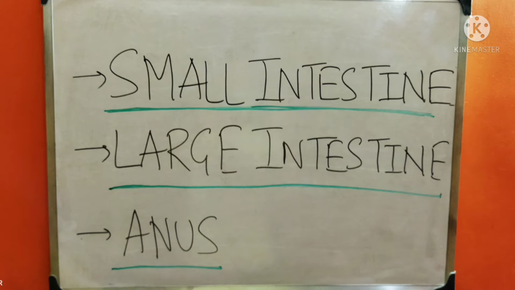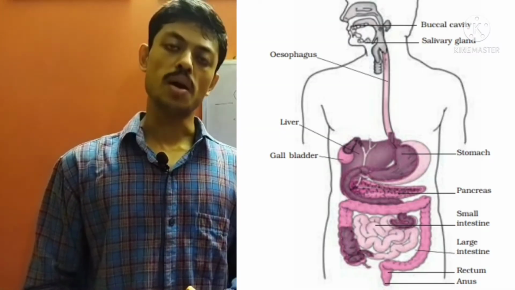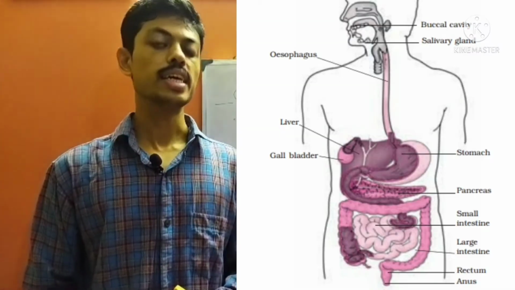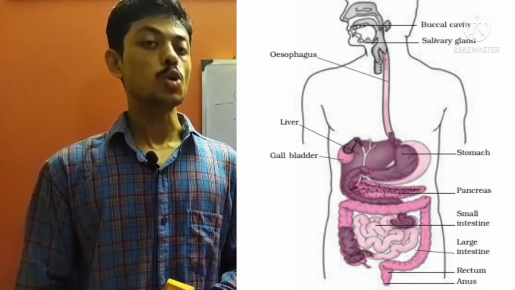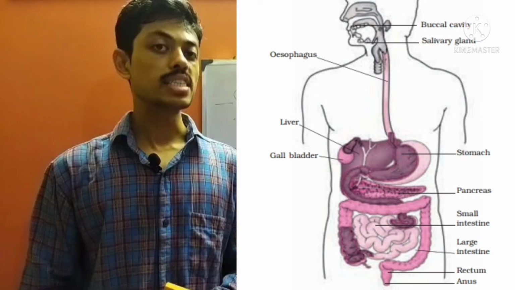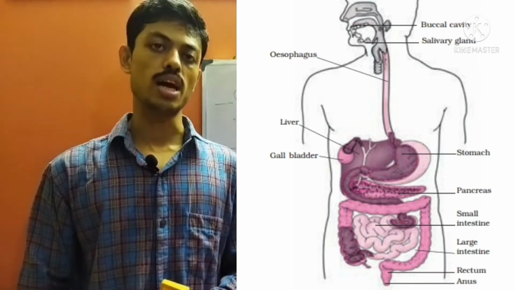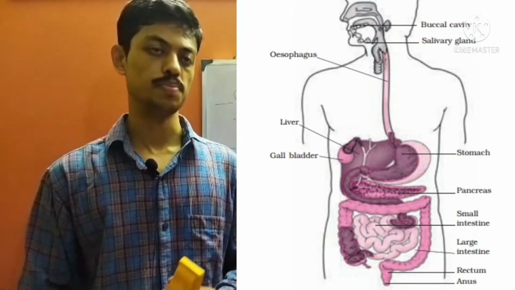So, mouth, esophagus, stomach, small intestine, large intestine which ends in rectum and anus together form the digestive tract or the alimentary canal of the human digestive system.